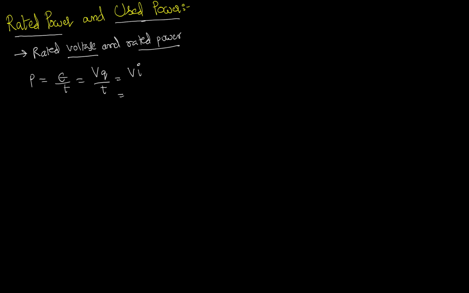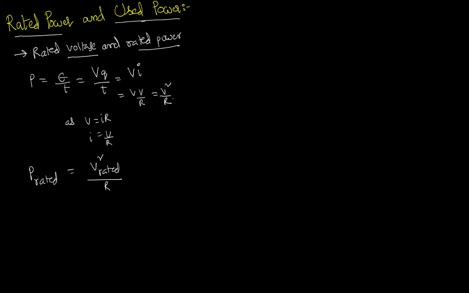But we can write I as V by R using the formula V equals IR. So V times V by R, that is V square by R, is the formula that we can use. So power rated is equal to voltage rated square by resistance.